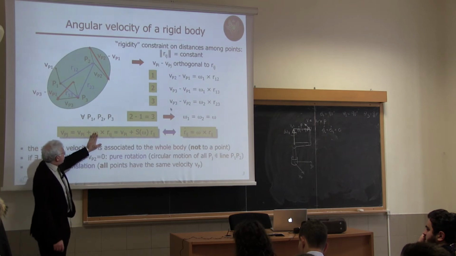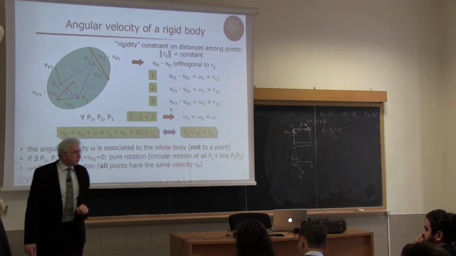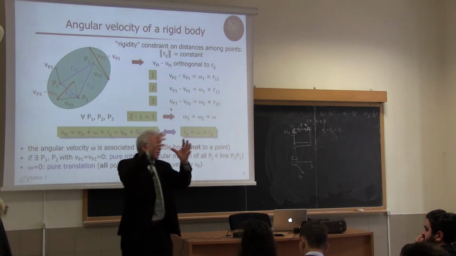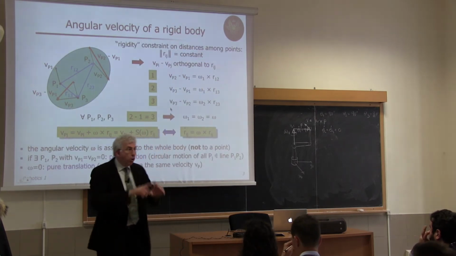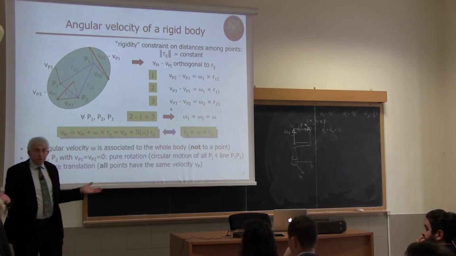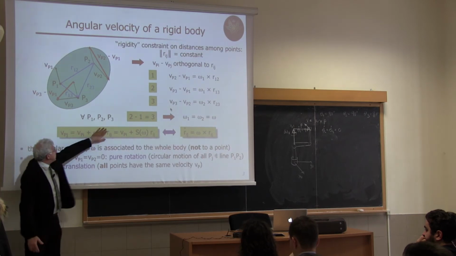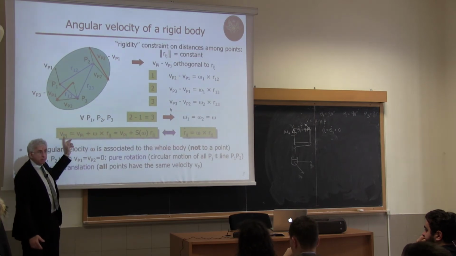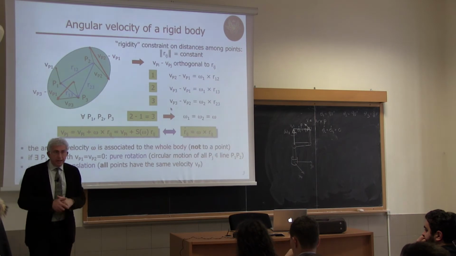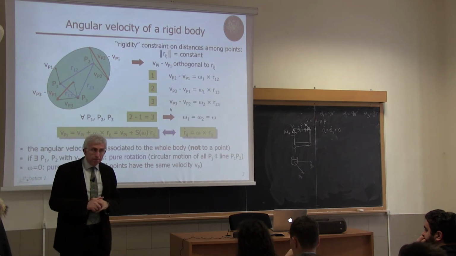In fact, if you don't have angular velocity, so the body is only translating in space, then all points of the body have the same velocities. Why? Because this is 0. So Vpi equals Vpj for any i, j. Okay?